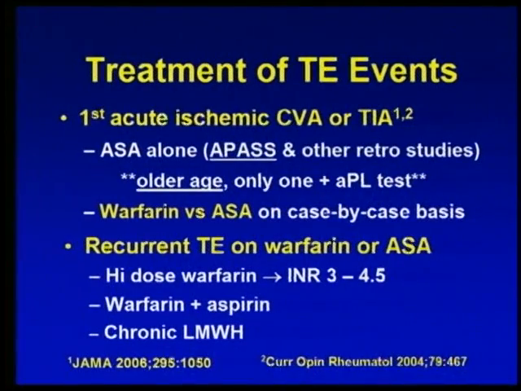Sometimes your patients recur on warfarin, and if that happens, you have to give higher dose warfarin or you add aspirin to the warfarin, or you switch to a heparin to prevent recurrence. And that can happen in about 10% of cases.